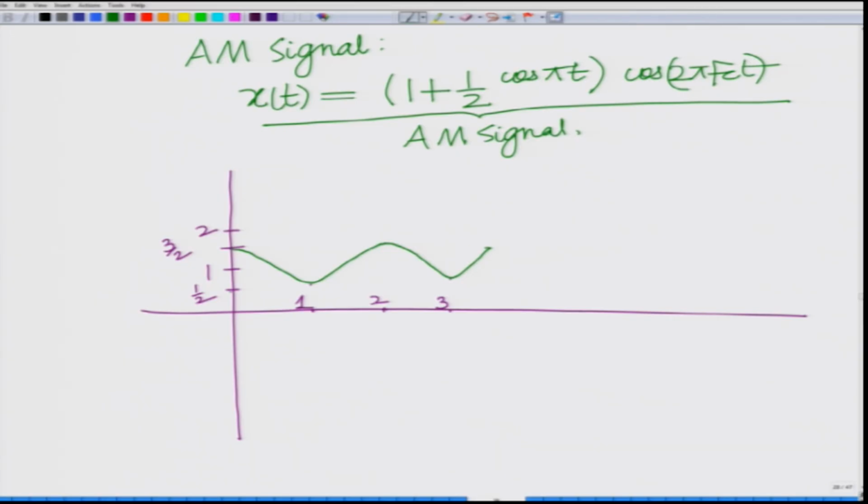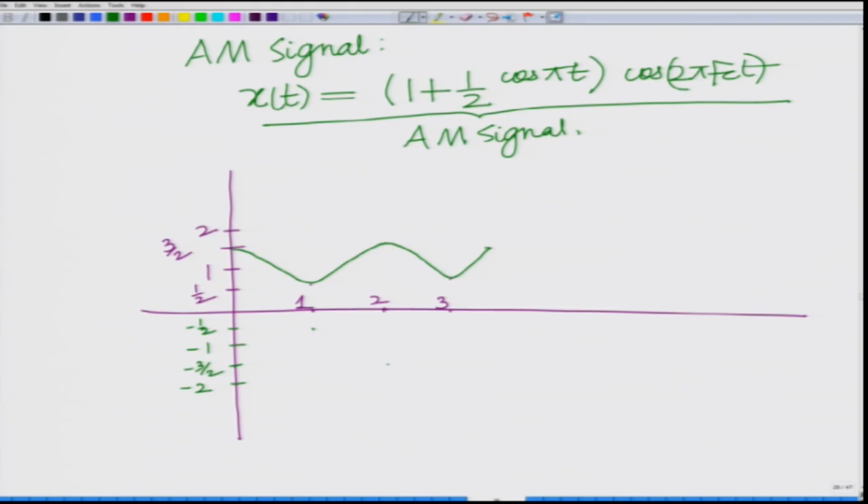Now, let us reflect this, let us construct its mirror image about the origin. So, the mirror image about the origin will look something like this. So, there is 3 by 2, it is minus half.